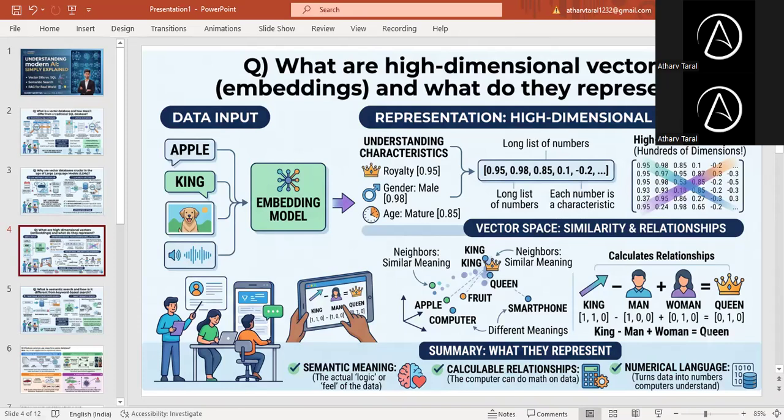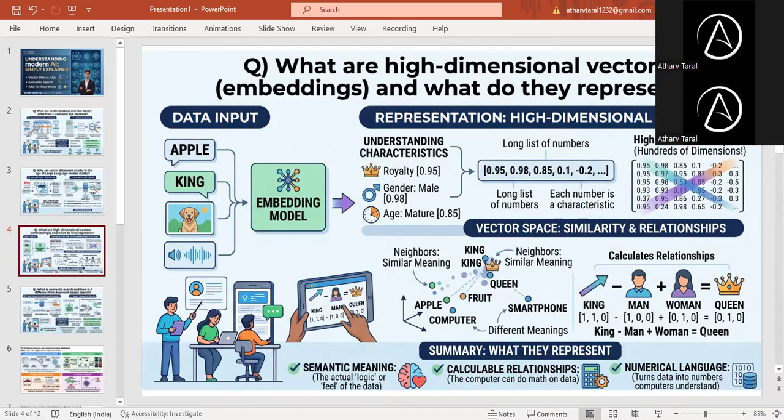It is nothing but saying that we are looking at the word from hundreds of different angles at the same time. For example, if you have the word king, one dimension might represent quality, another might represent gender, and another might represent age. When you put all these numbers together, you get a point in a huge dimensional space.